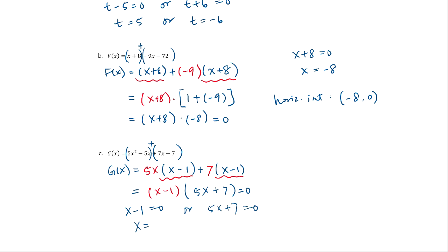So x is equal to 1 or 5x is equal to negative 7, therefore x equals negative 7 over 5. Therefore we have the horizontal intercepts being 1, 0 and negative 7/5, 0. And we have two horizontal intercepts. As we expect, we can have up to two horizontal intercepts for a quadratic function.